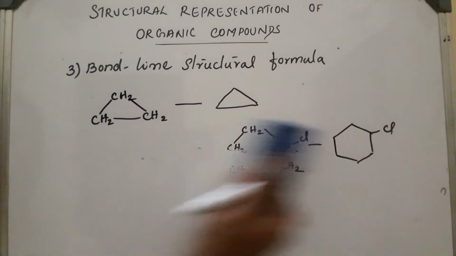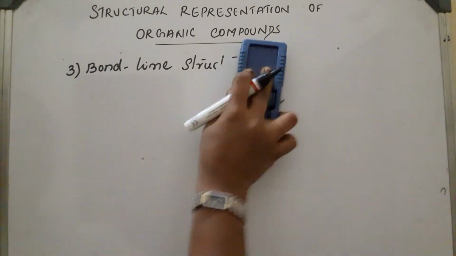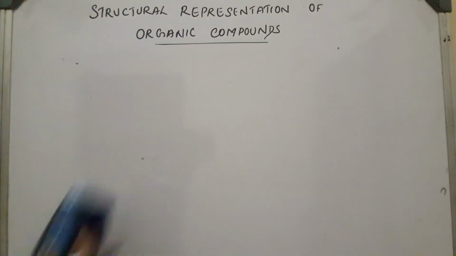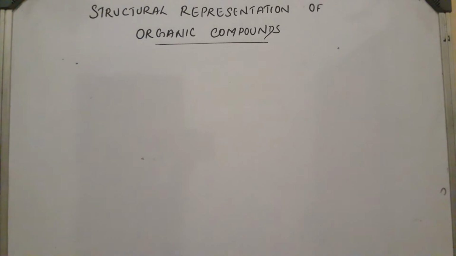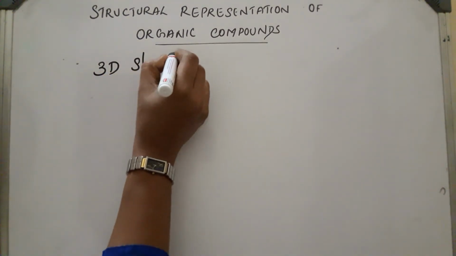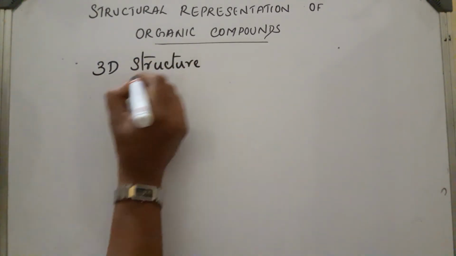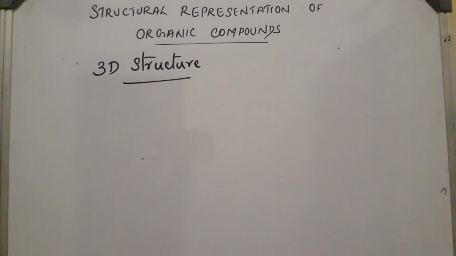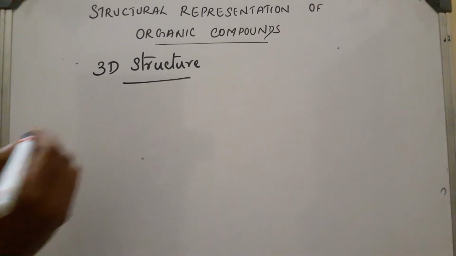Next is, how can we draw the 3-dimensional structure of an organic compound? How can we draw the 3D structure of organic compounds? Organic molecules are represented in 3D structure upon proper orientation using certain conventions such as the wedge formula.